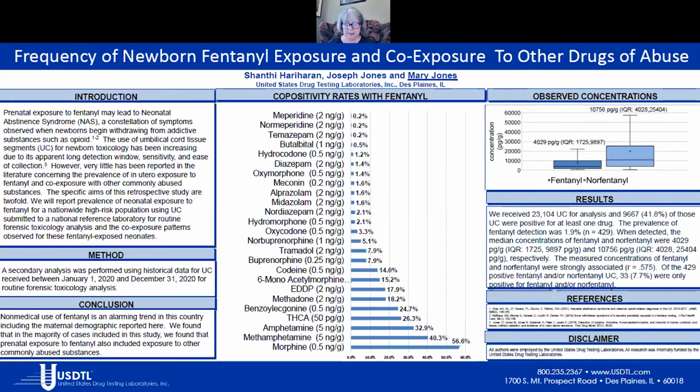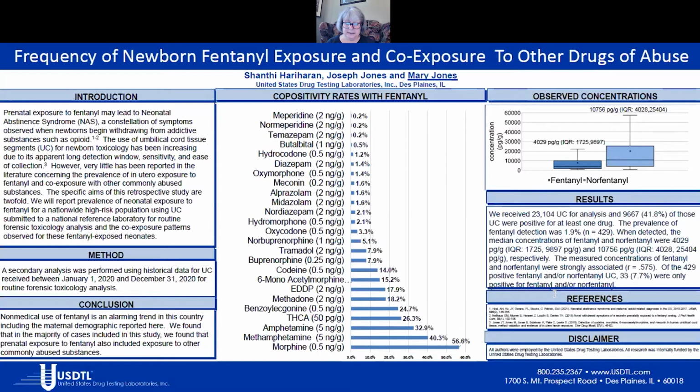Umbilical cord is becoming a popular specimen type for newborn toxicology. With umbilical cord, we get a universal collection, meaning that every baby has an umbilical cord available for testing, unlike meconium, which is sometimes lost in utero due to fetal stress.